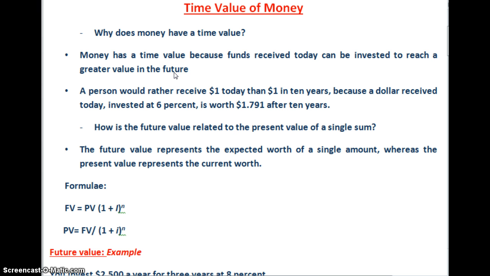To understand this better, let's look at an example of a person who would rather receive $1 today than $1 in 10 years. Because a dollar received today and invested at a certain rate of interest, for example 6%, will be worth $1.79 after 10 years. $1.79 after 10 years is more than $1 in 10 years.